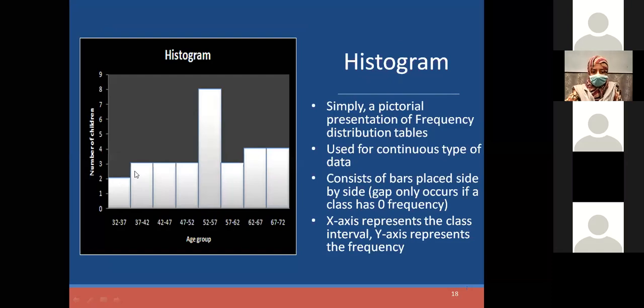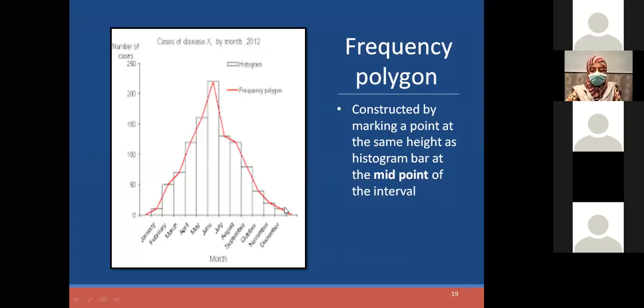I will follow to the second bar at the midpoint, 37 to 42 years, followed by 42 to 47 years, then 47 to 52 years, and then the highest peak, 52 to 57 years. Then it will go down and then up again. That's how it will go, and it can reach the x-axis also.